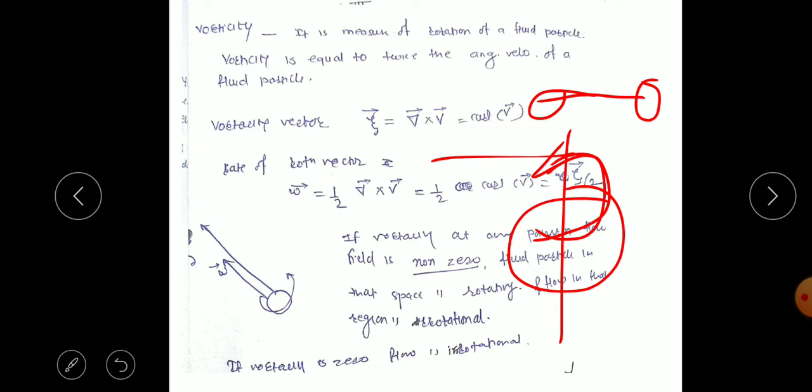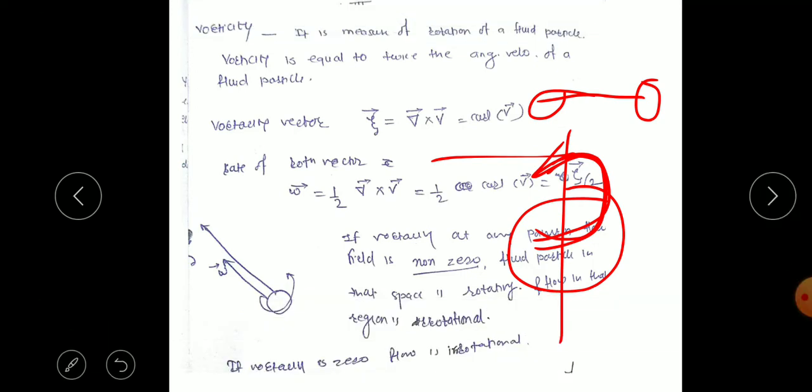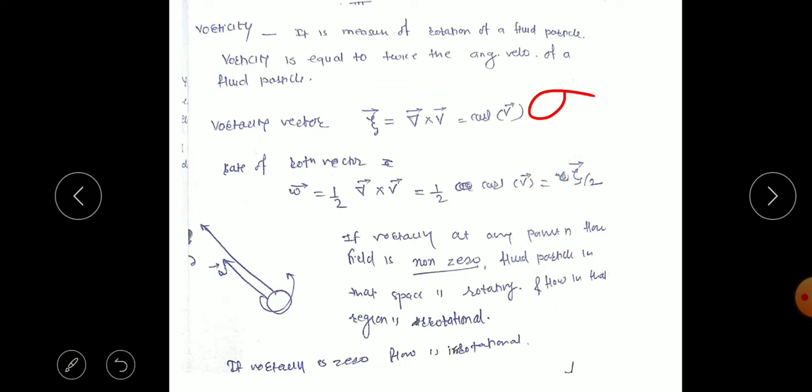So the measurement of rotation of the fluid particle is called vorticity. Vorticity is taken as twice the angular velocity of the fluid particle.